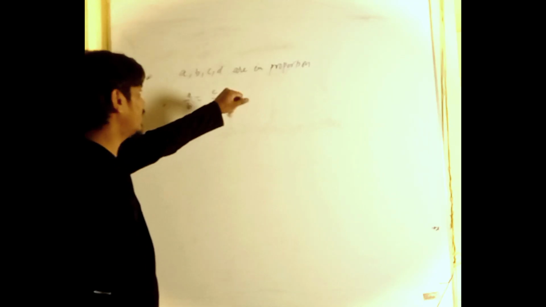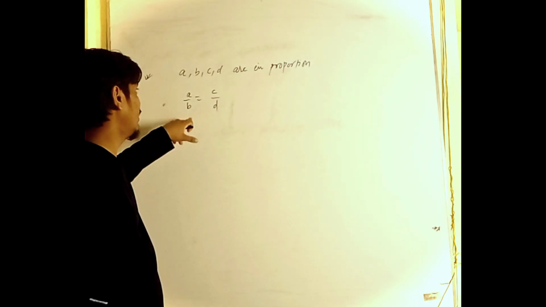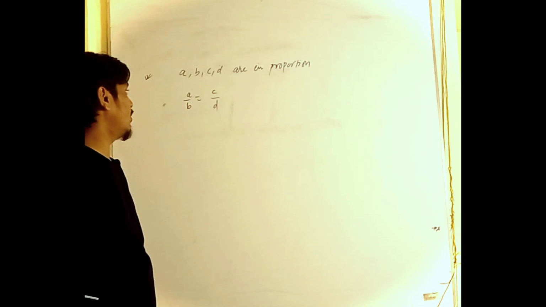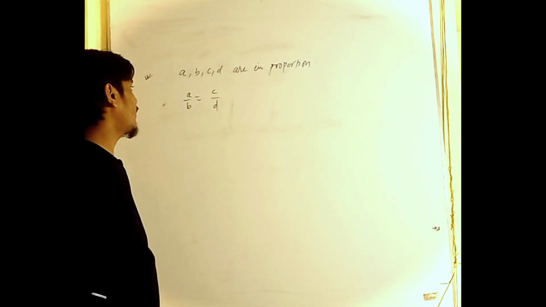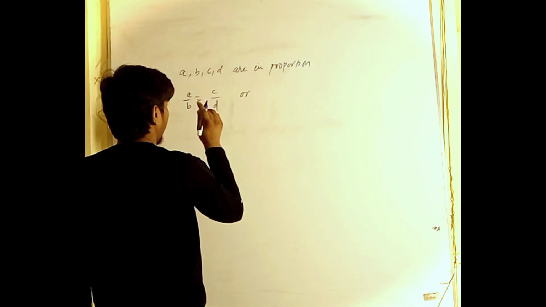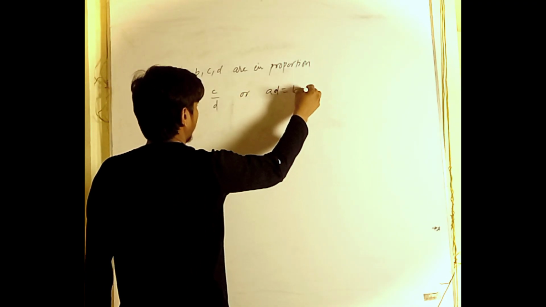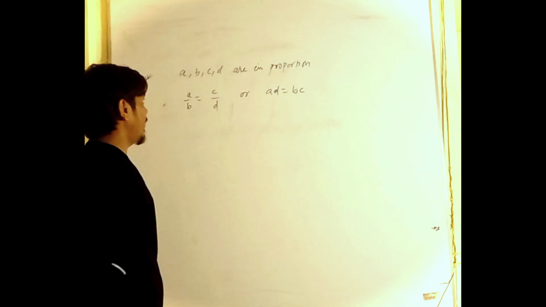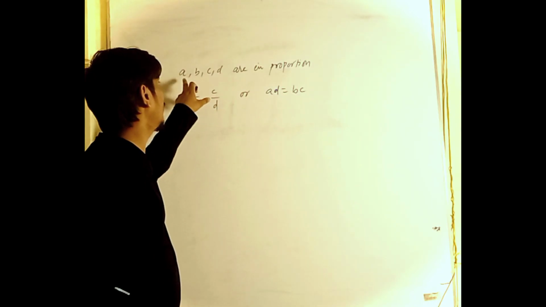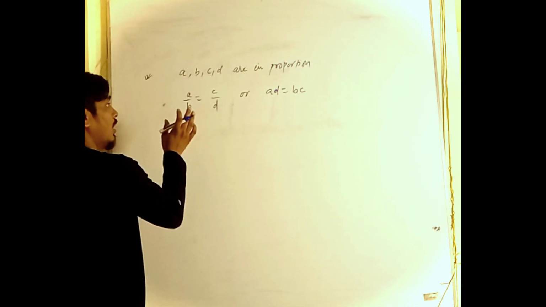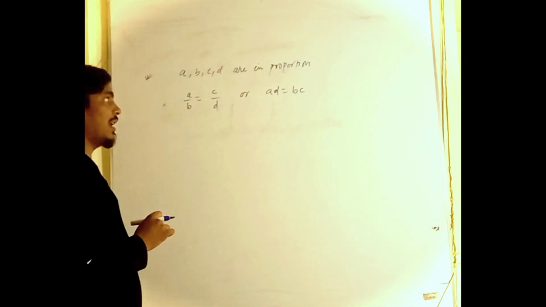Or we can say in another way, the product of extremes is equal to the product of means. Here a and d are extremes and b and c are means, so the product of AD is equal to the product of BC. So this is the proportion that we have learned.